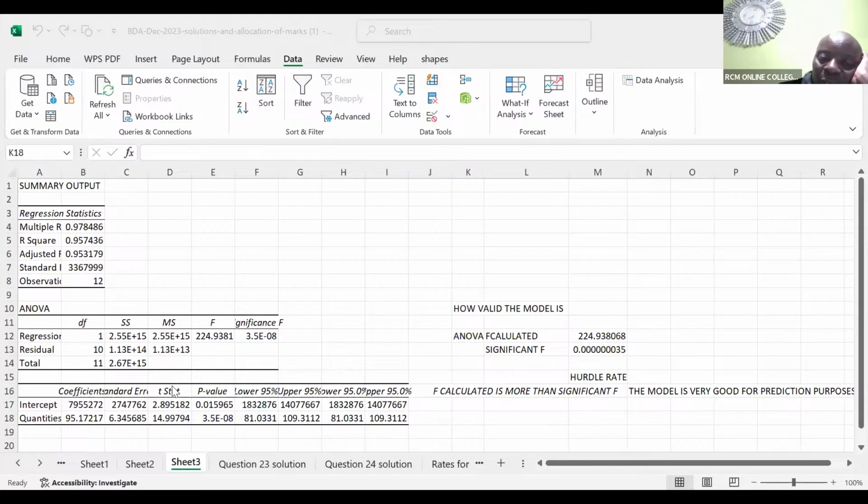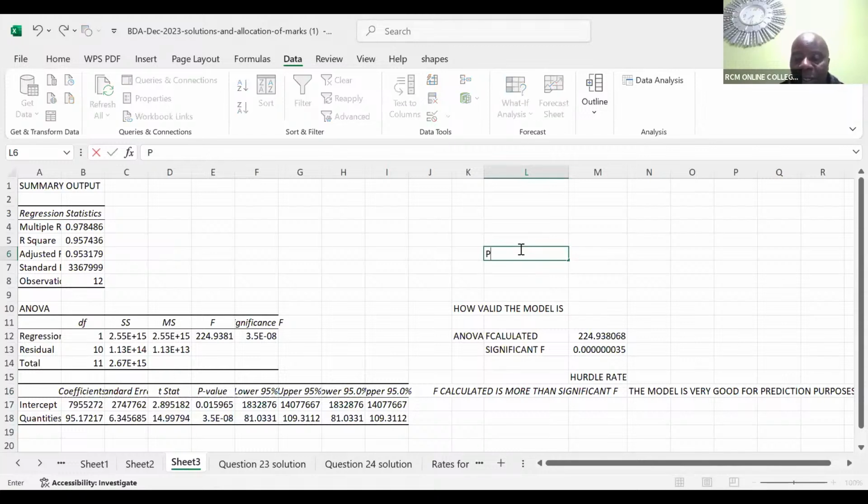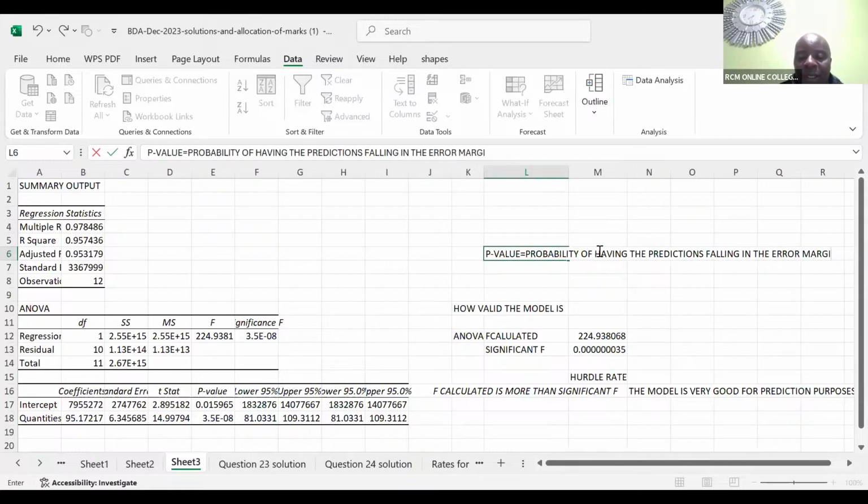But even before I go to the T critical, we have this P value. P value is a free mark. P value stands for what we call probability value. And this probability value is the probability of having the predictions falling in the error margins.